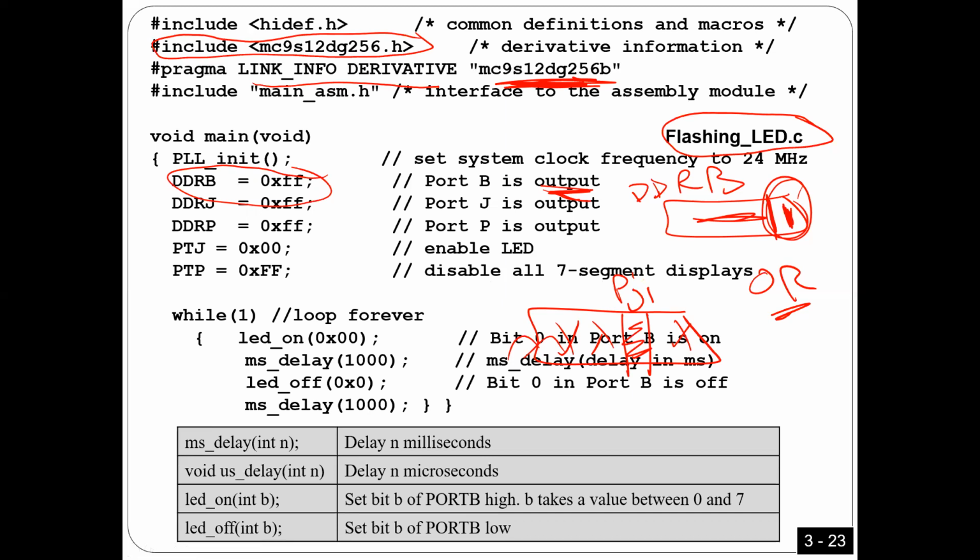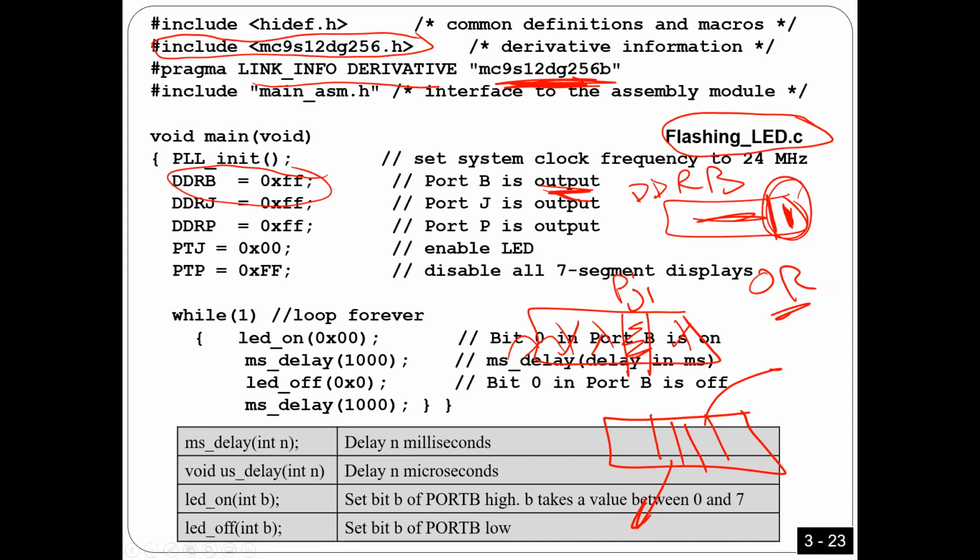However, maybe in other programs, it's going to make a problem. Here I configured everything as output, but actually what I'm going to use is only VG1. Maybe this is just easy to do. It's okay here, but it may make problems later if some bits of your port are input and some bits are output.